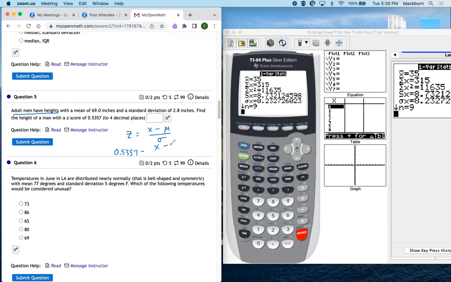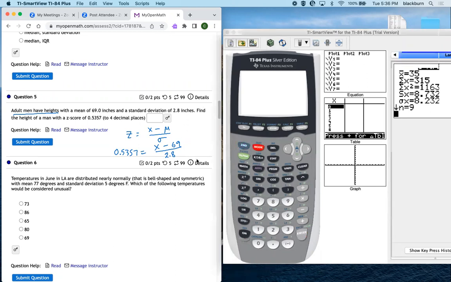I got a mu of 69. That is going to be the average height. And then I got a standard deviation of 2.8. So now what I can do is cross multiply here. I could do 0.5357 times 2.8, and I have 1.49996.